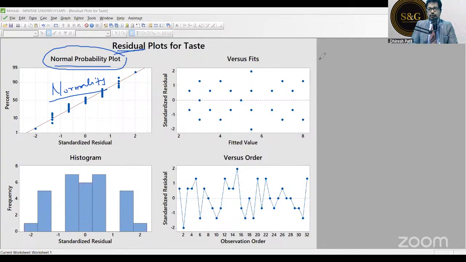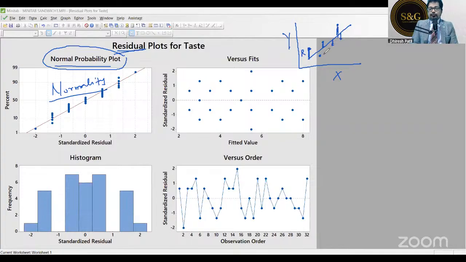Now, what is a residual? Just for your understanding, in the regression equation, this is the line of best fit, and these are the actual dots. So this is X, this is Y. The distance between an actual dot and the line of best fit is called the residual.